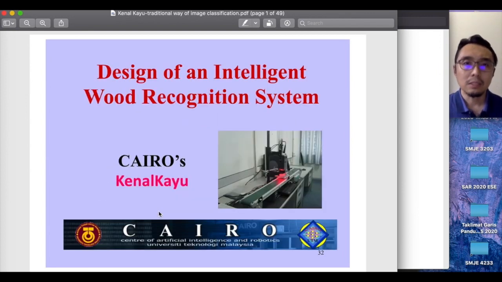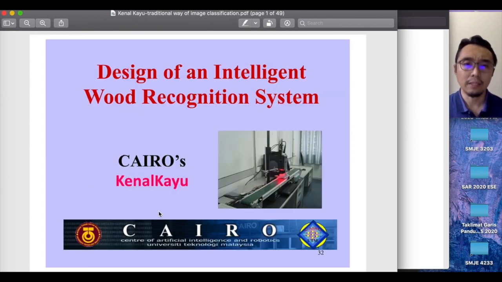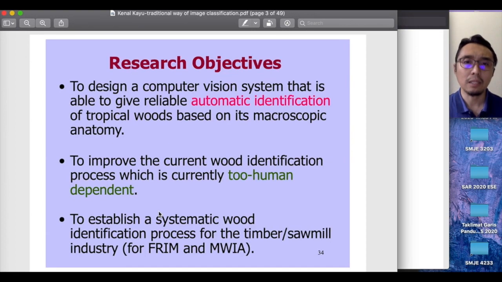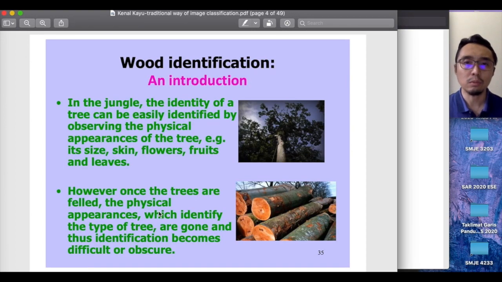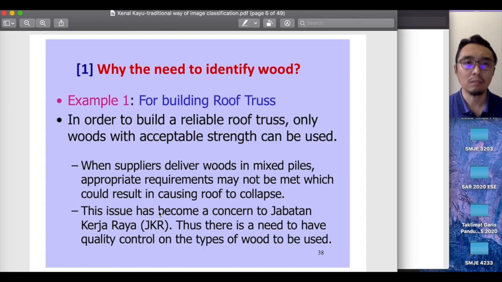So this is a system that has been around for more than 10 years, if I'm not mistaken. It was developed at Cairo, the Center of Artificial Intelligence and Robotics in UTM. The idea of this system is to recognize from the picture of the cross-sectional area of the wood what type of wood it is.